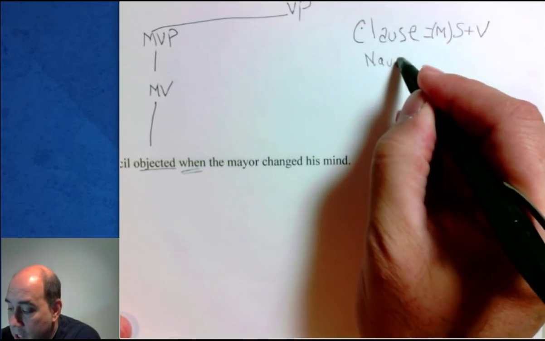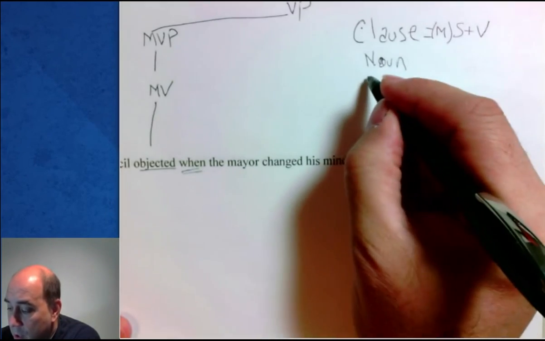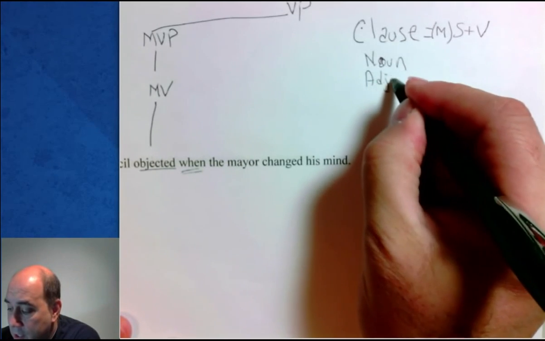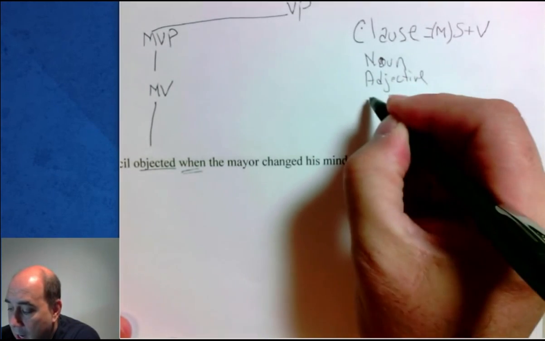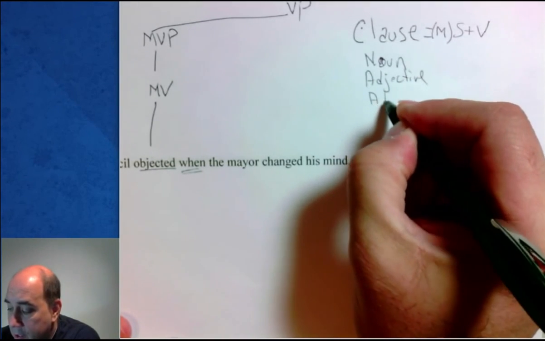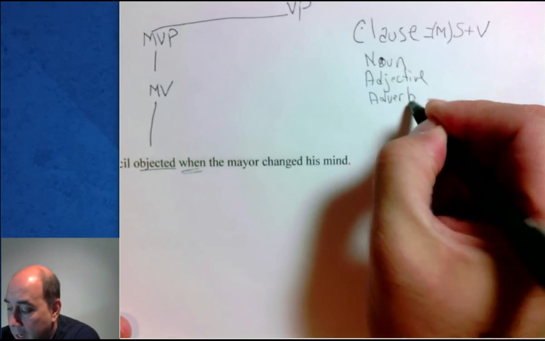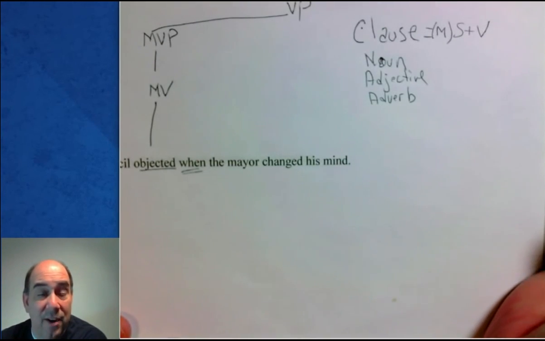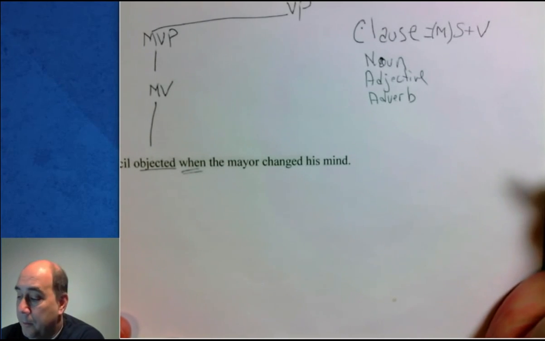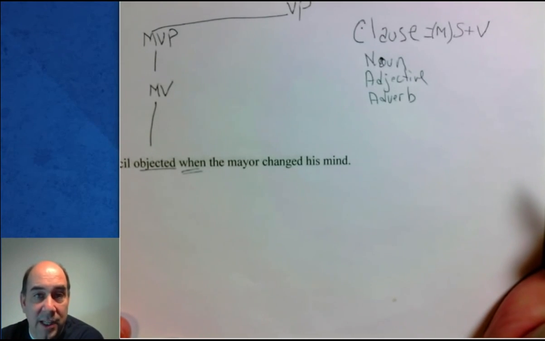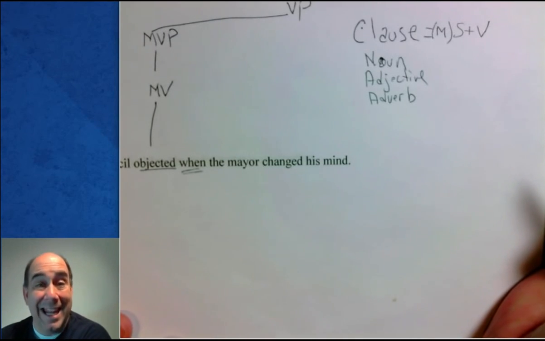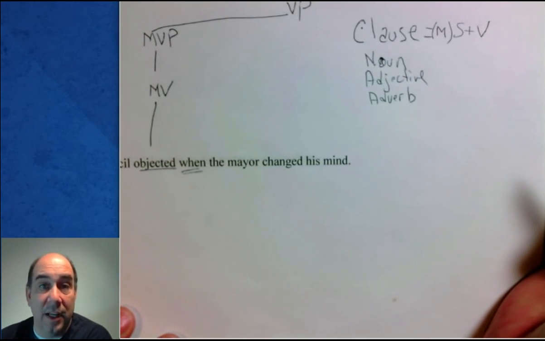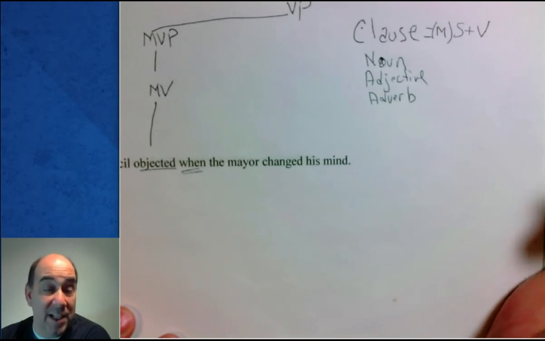You've got a noun clause, if I could spell. You've got an adjective clause. And you have an adverb clause. You all know what a noun is, right? A noun is a person, place, thing, or idea, typically. And so a noun clause takes the place of a noun, but it's a clause.